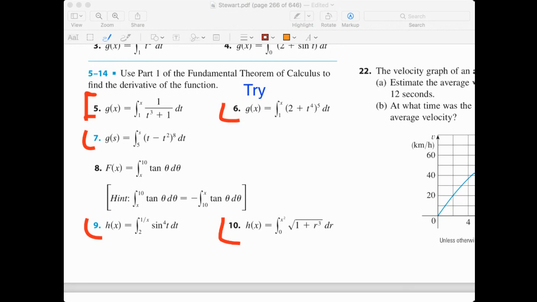Okay, can you tell us what is the domain of f of t here for 5? Can you tell us the domain of your f of t? Is it all real numbers? Like 1 and above?